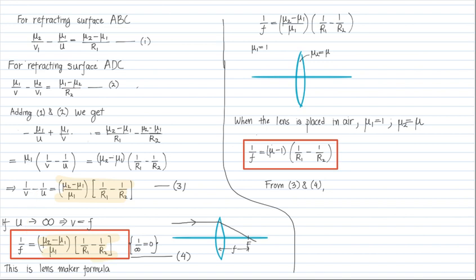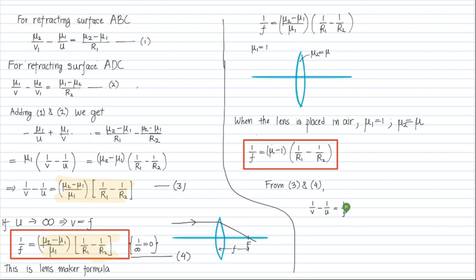Then I can write 1 by v minus 1 by u equals 1 by f.